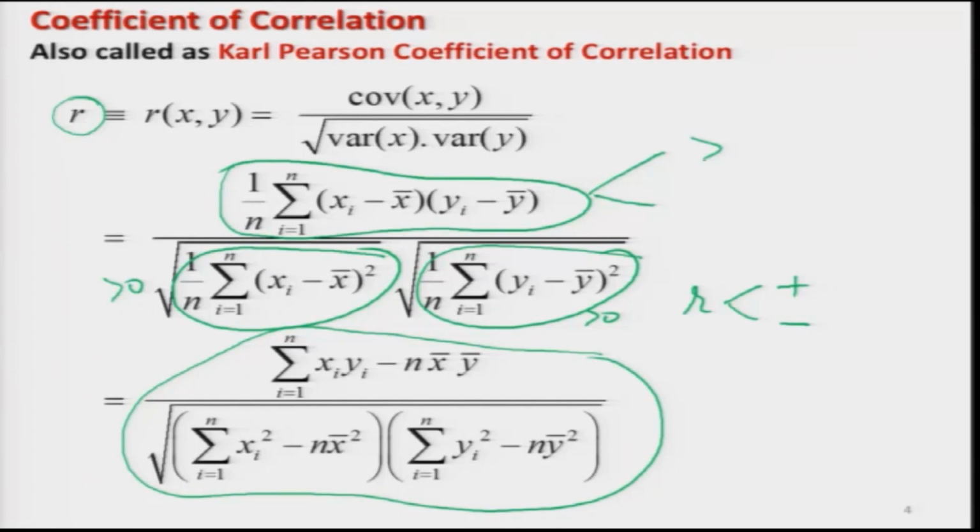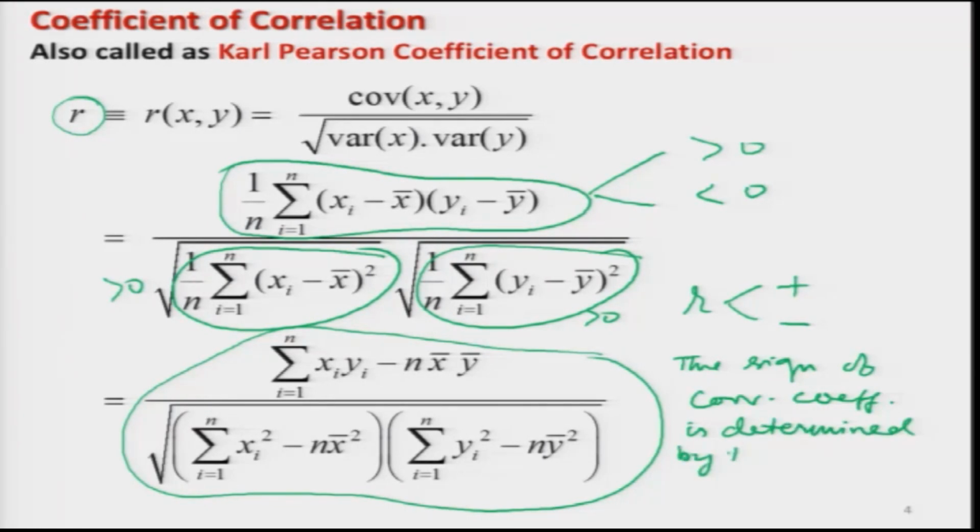This can be greater than 0 or smaller than 0. So, the direction of the correlation coefficient is determined by the covariance. So, I can say that the sign of the correlation coefficient is determined by the covariance.